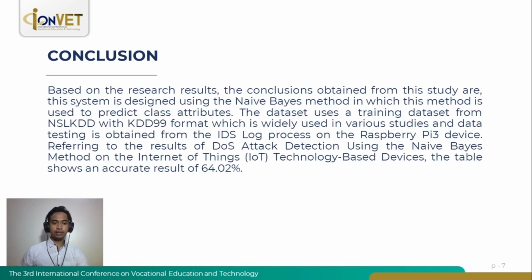The conclusion, based on the research result: this system is designed using the naive Bayes method, which predicts the class attribute normal or anomaly. The dataset uses a training dataset from NSL-KDD with the KDD99 format, which is widely used in various studies, and data testing is obtained from the IoT device packet capture on the Raspberry Pi device.